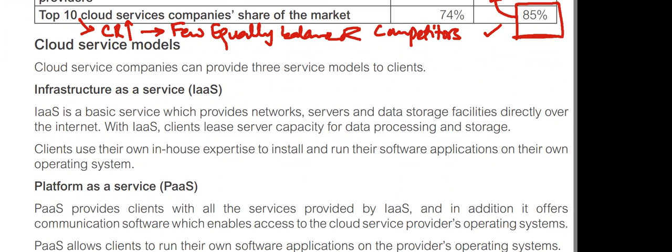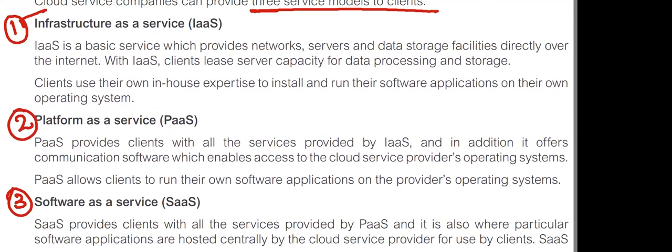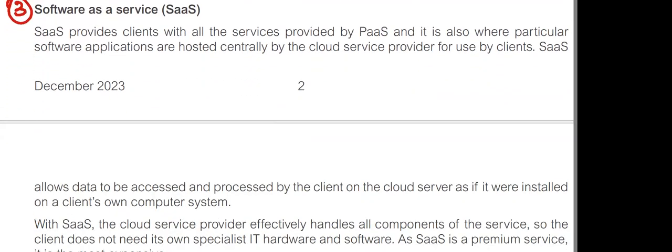Cloud service models. Now there are three service models to clients. One is infrastructure as a service, the other is platform as a service, and the third one is software as a service. So either they provide the infrastructure or the platform or the software, and the details are provided.